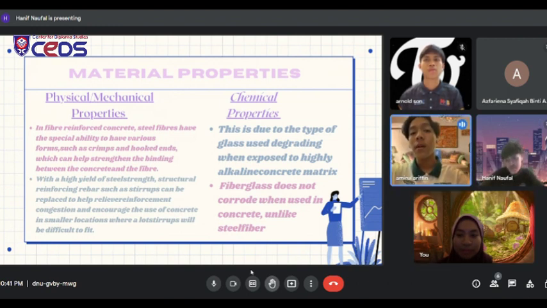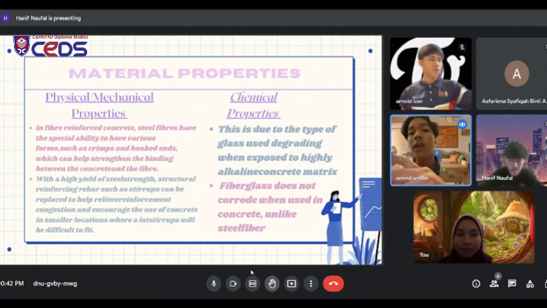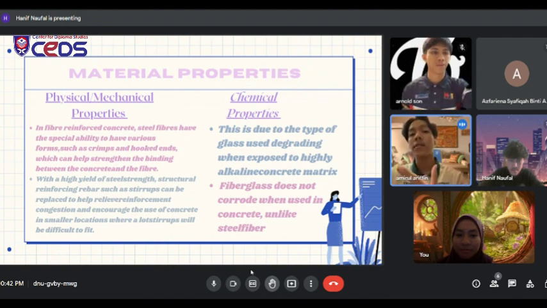Now, I want to explain about material properties. First, we have physical or mechanical properties. In fiber reinforced concrete, steel fiber has the special ability to have various forms such as crimp and hook ends, which can help strengthen the binding between the concrete and fiber.